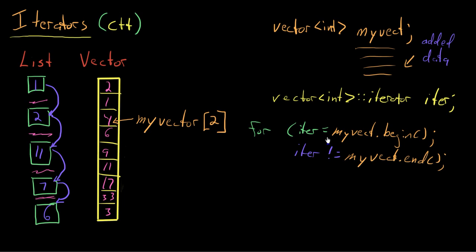So while we're not at the end, and then we can use a little bit of cheating. We can use some of this operator overloading that we've talked about. We're just going to say iter plus plus, and we don't really care. And then we can use pointers, and I'll show you how to do that. But we have some stuff in the middle. But that's essentially how you use it.